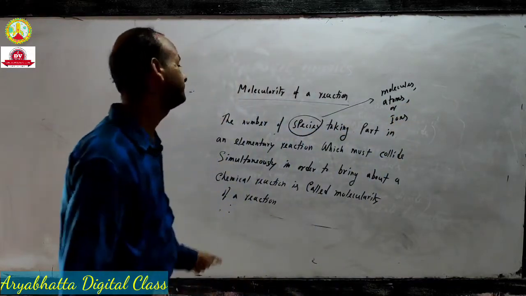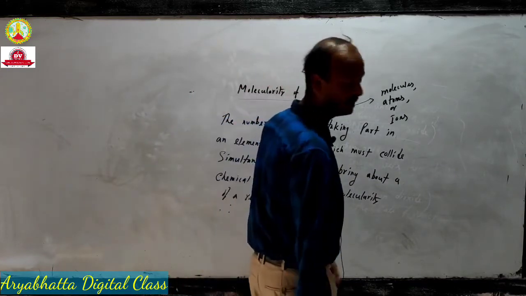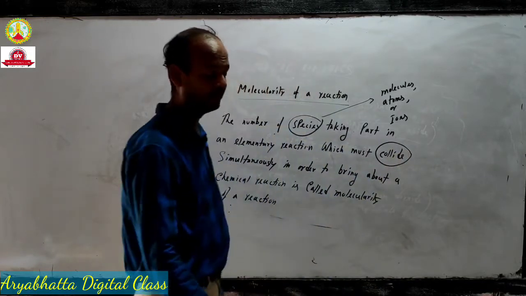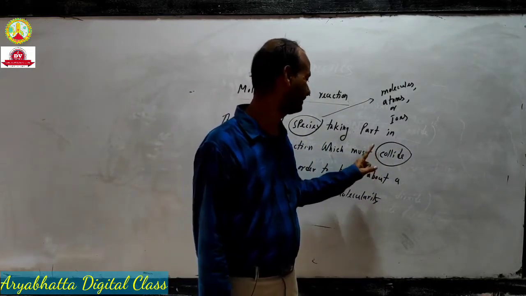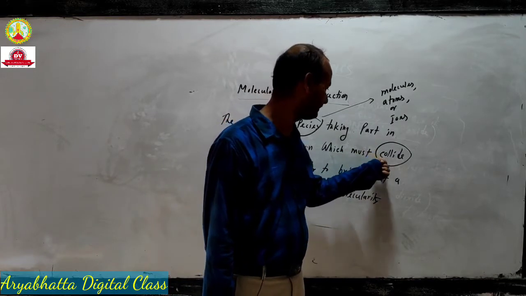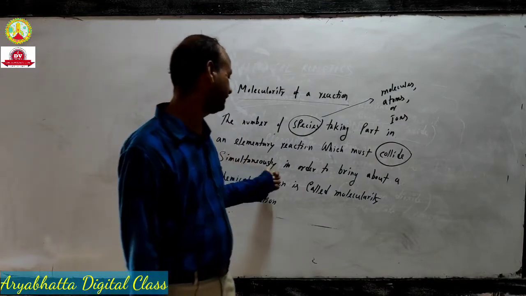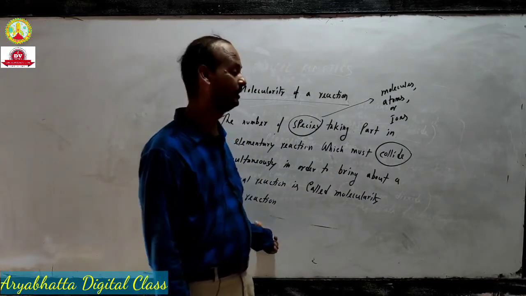The number of species taking part in an elementary reaction whose mass collide. All of you please see this word, collide. After one or two classes, I will surely describe the meaning of this one, collide. Whose mass collides simultaneously in order to bring about a chemical reaction is called the molecularity of a reaction.